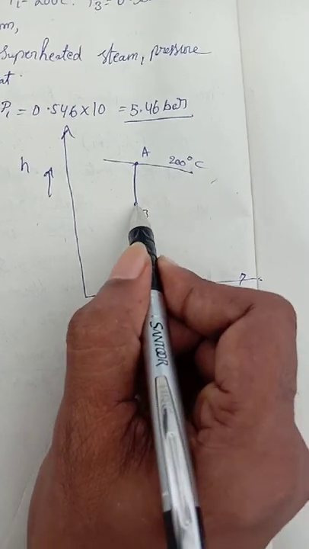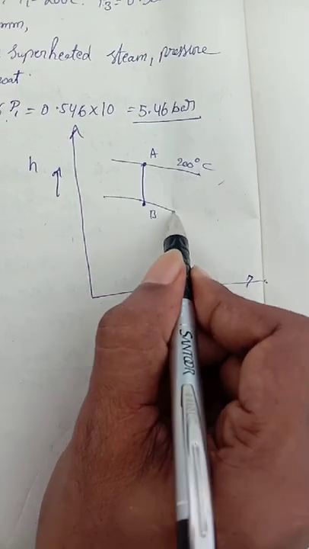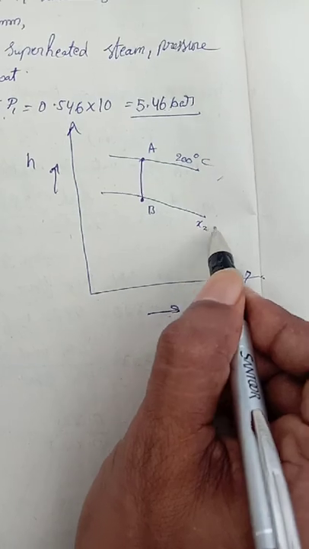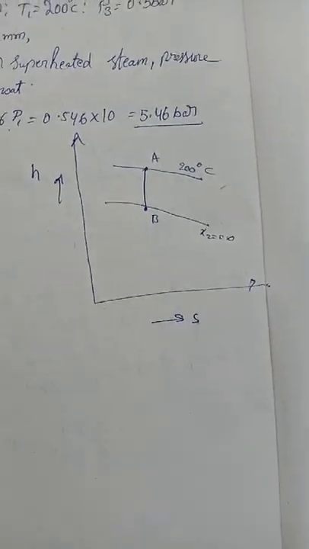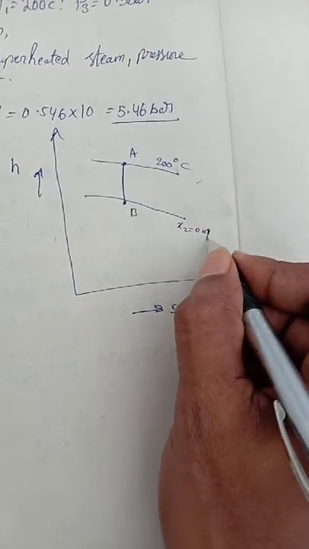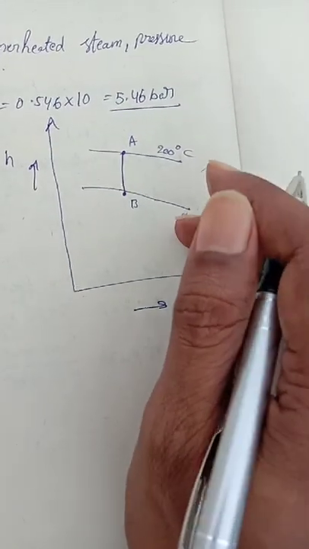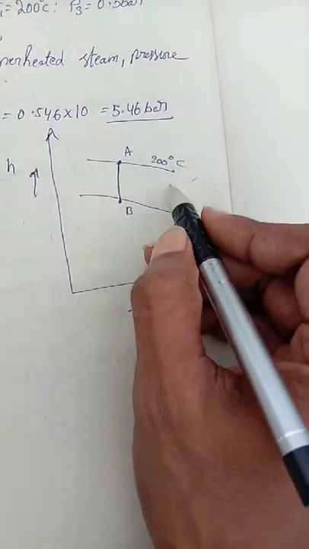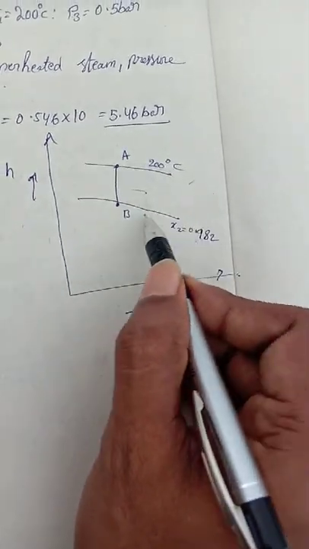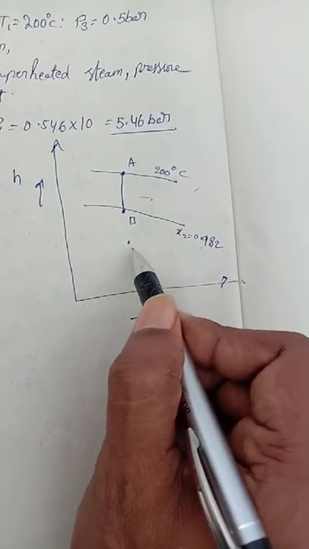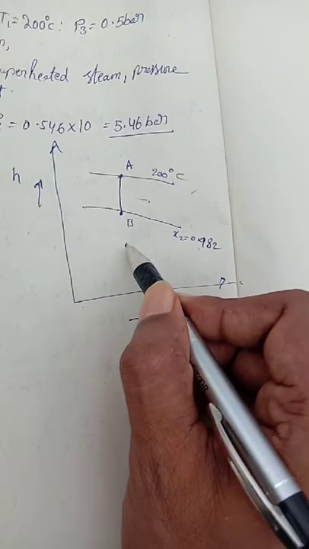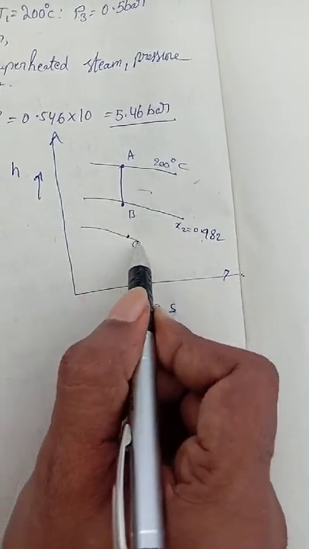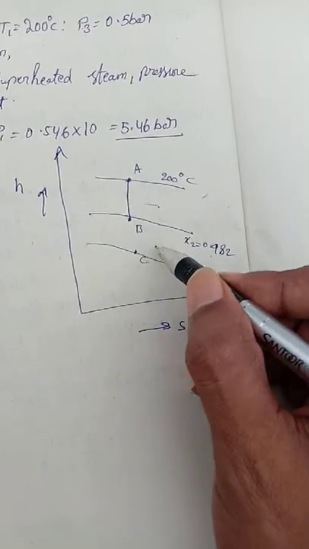And now this is for H2. You can write down here 982. Okay. So this we take from steam tables. Next we go for point C, the exit. The exit is also going like this.